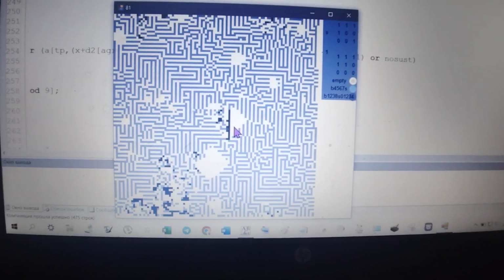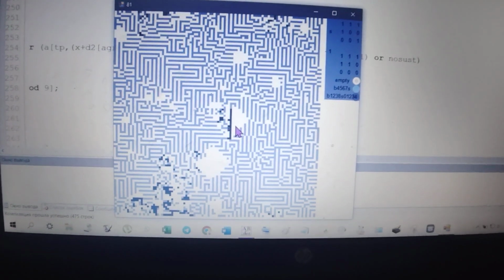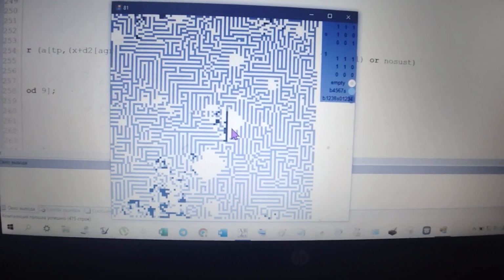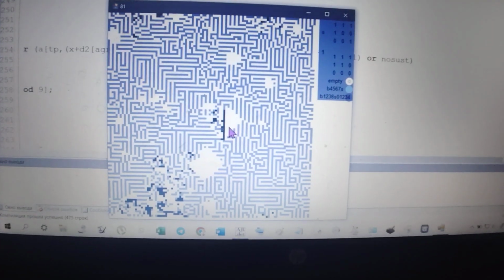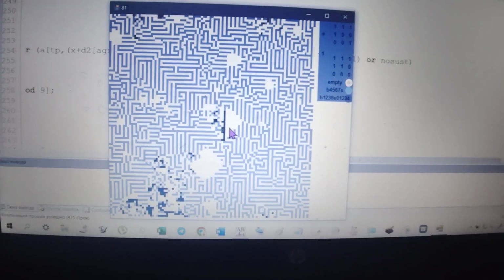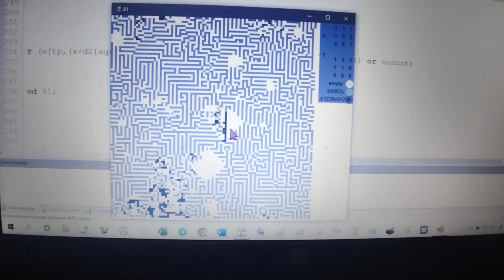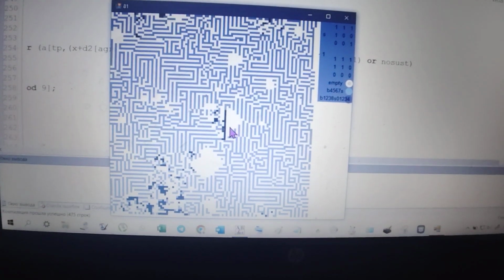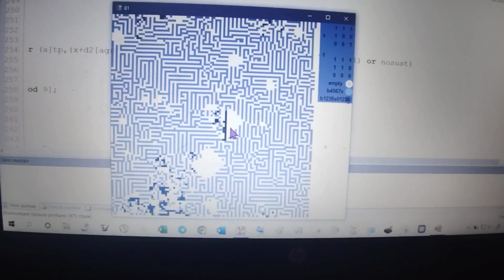Let's count them. So, first is that there are many species of cellular automata, of lifelikes or life forms as I call them, in one simulation on one sheet.